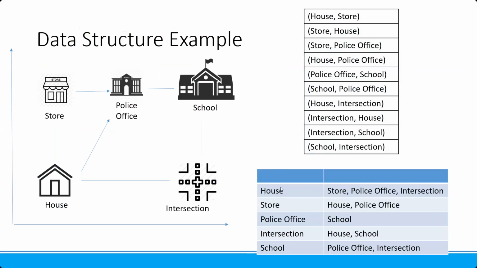So from house, I can go to store, police office, and intersection. From store, I can go to house and police office. From police office, I can go to school. From intersection, I can go to house and school. From school, I can go to police office and intersection.